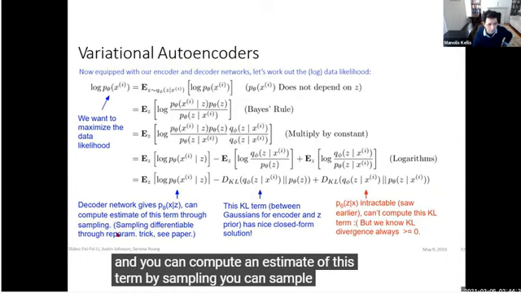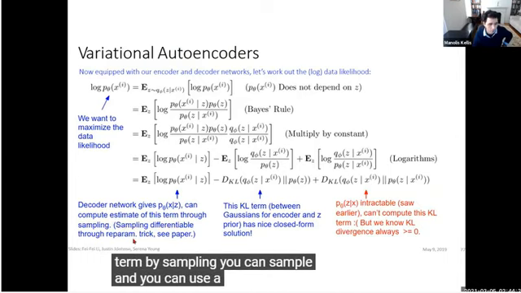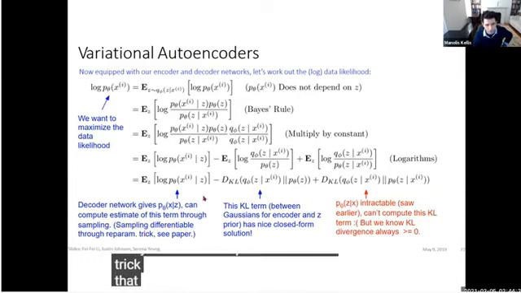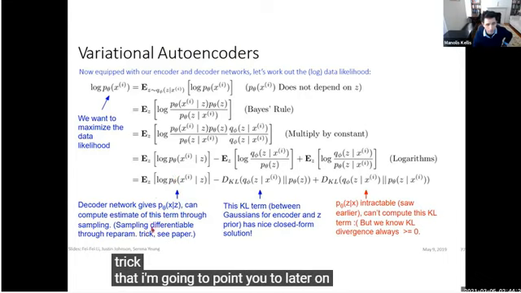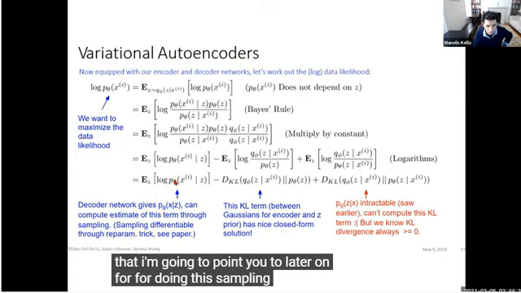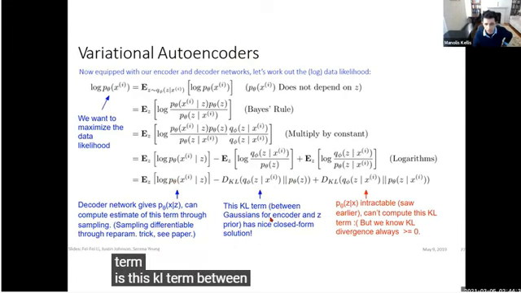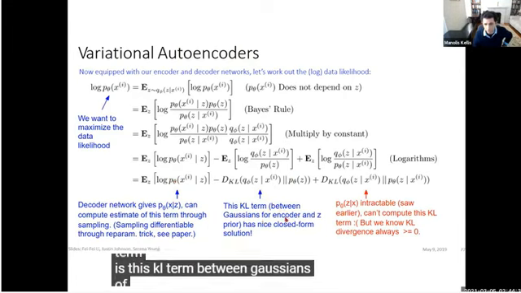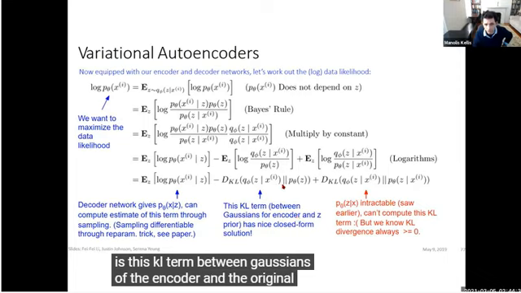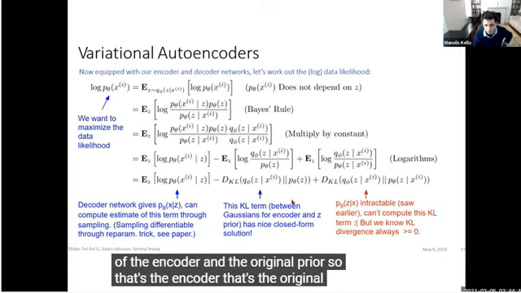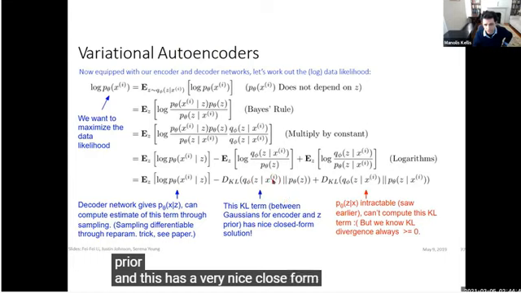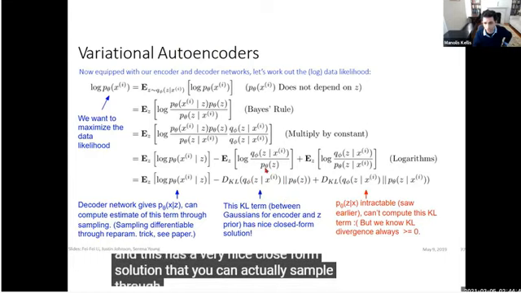You can use a reparameterization trick that I'm going to point you to later on for doing this sampling. The second term is this KL term between Gaussians of the encoder and the original prior. So that's the encoder, that's the original prior. And this has a very nice closed form solution.